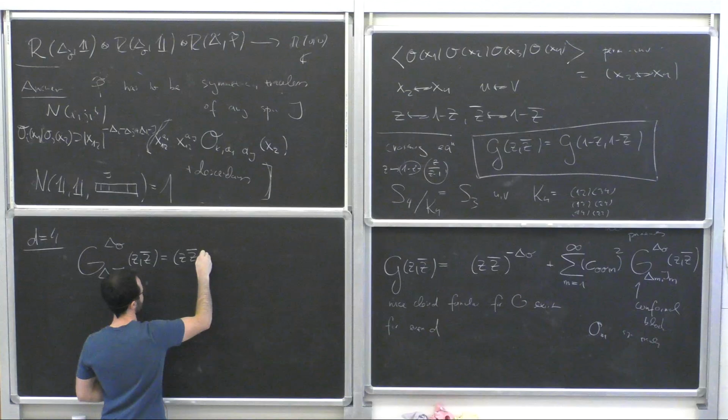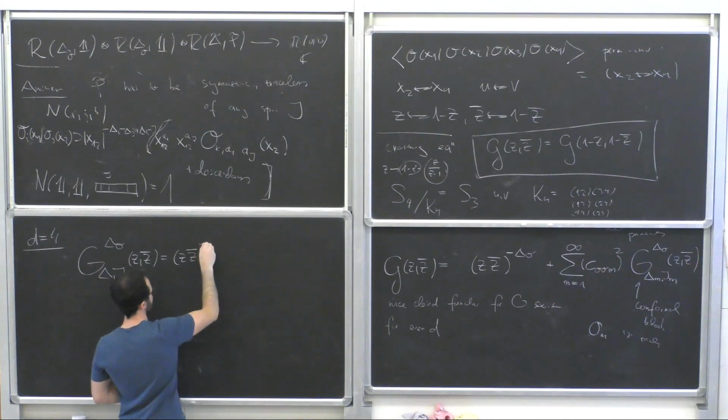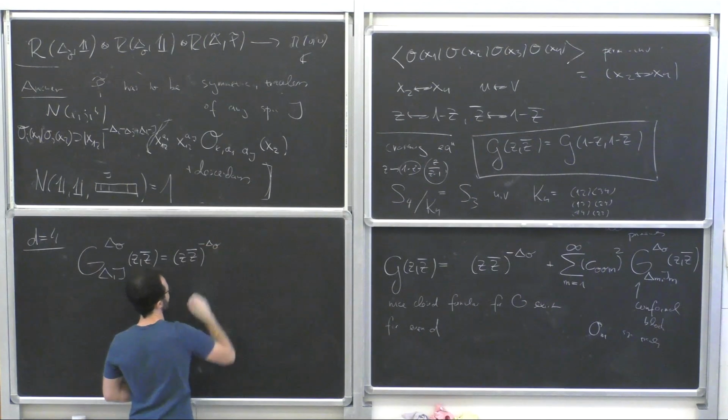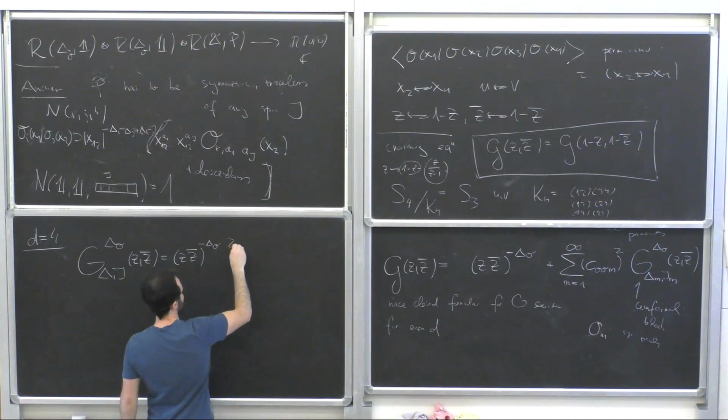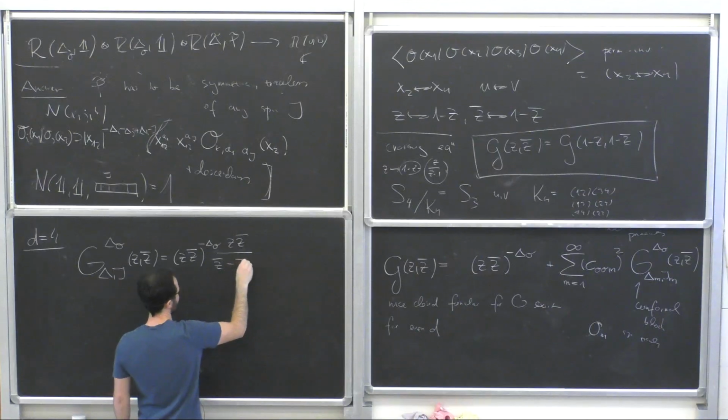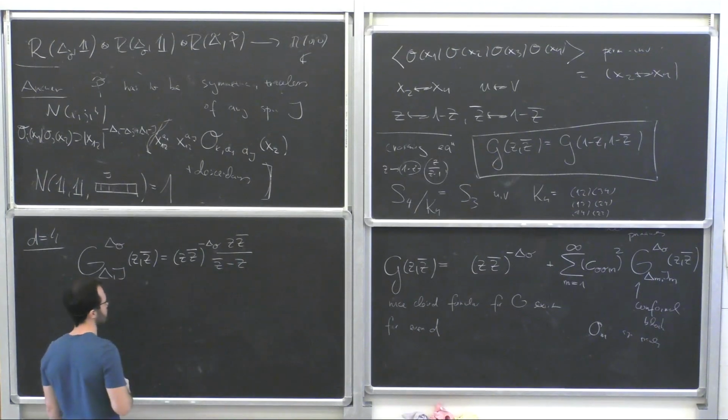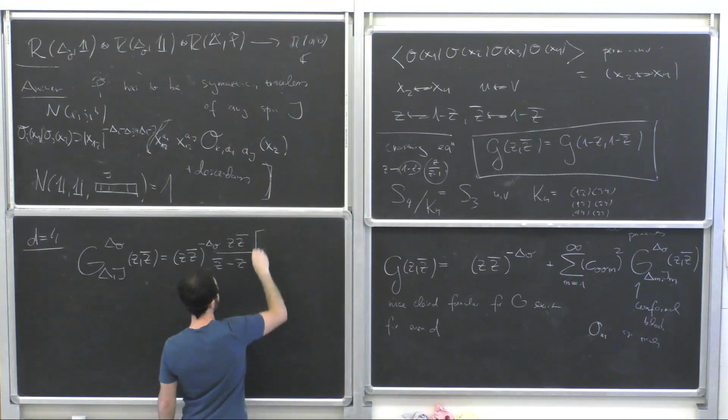So it's z bar to the power minus delta O. So this is what we will have for the identity operator. But for a general non-identity operator, there's some additional, not too complicated function of z and z bar.